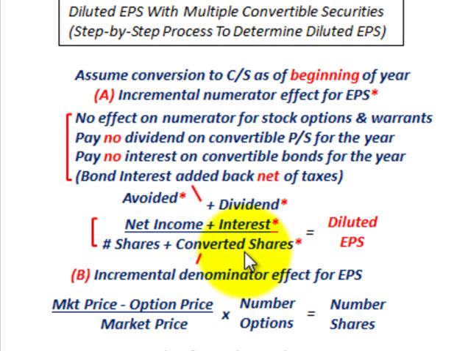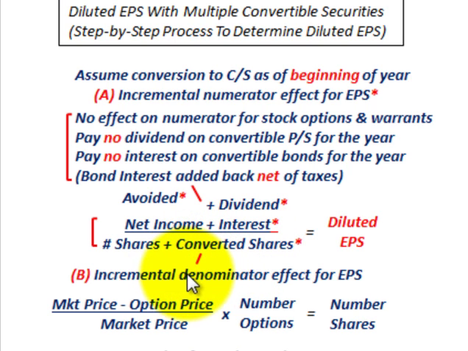And it's easy enough to do for the preferred stock and our bonds, because there's a conversion ratio, or the number of bonds or preferred stock that can be converted into common shares, or exchanged for those common shares.